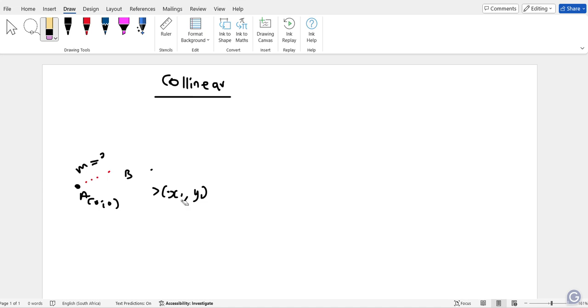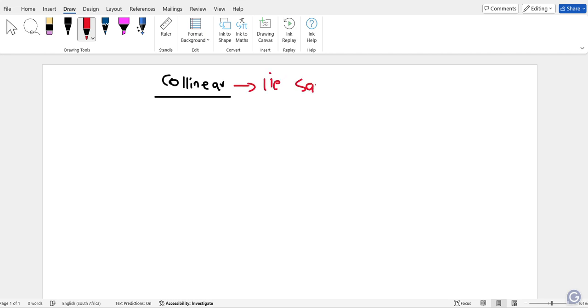So when we say points are collinear, we mean that they lie on the same straight line. Collinear points lie on the same line, and this line must be straight, of course. Let's say I'm given a line over here. Pardon it, assume it's straight.